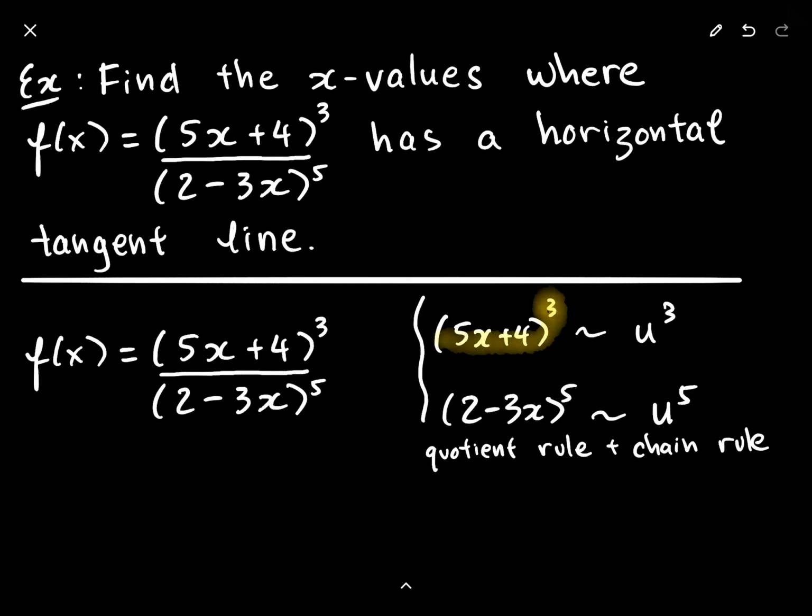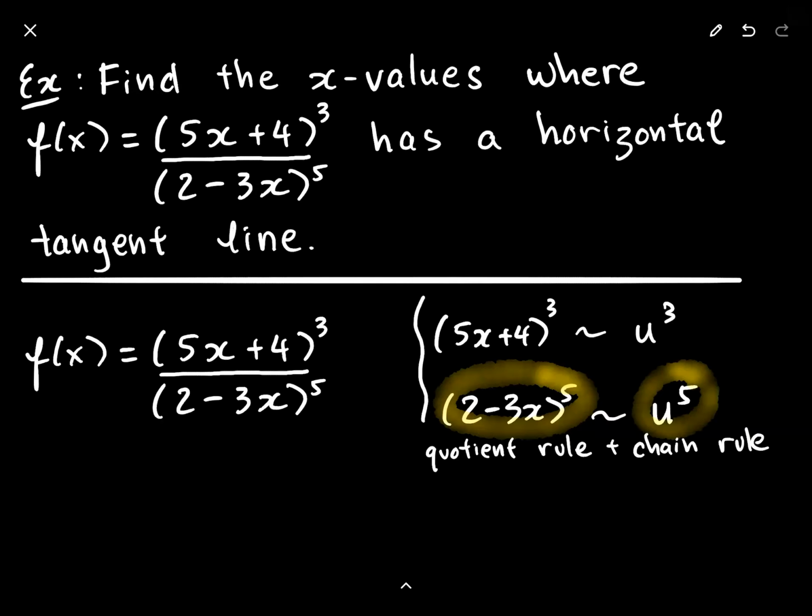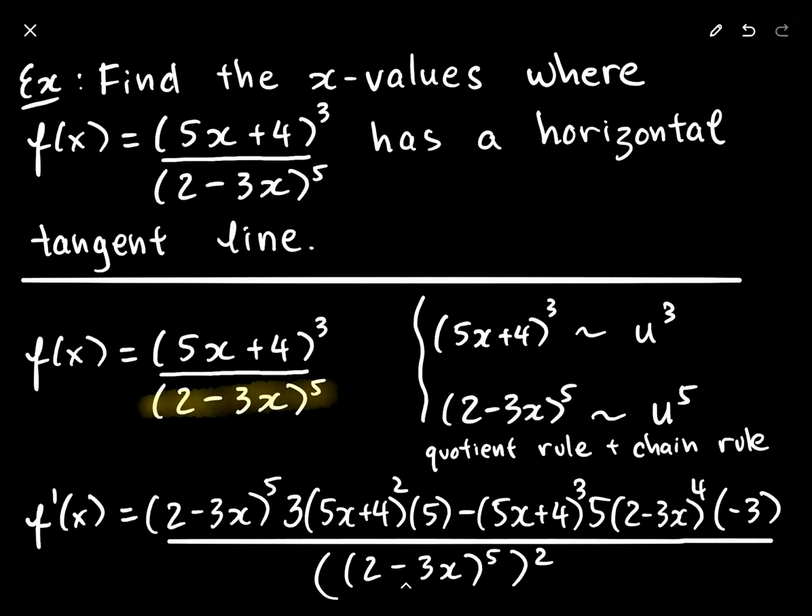So since it's not just x cubed, it's 5x plus 4 cubed, we'll take the derivative of u cubed. Also for 2 minus 3x to power 5, since it's not just x to the power 5, it's 2 minus 3x to power 5, we'll use the derivative rule for u to the 5. So when we use the quotient rule, we'll have the bottom squared, and then a copy of the bottom in the numerator.